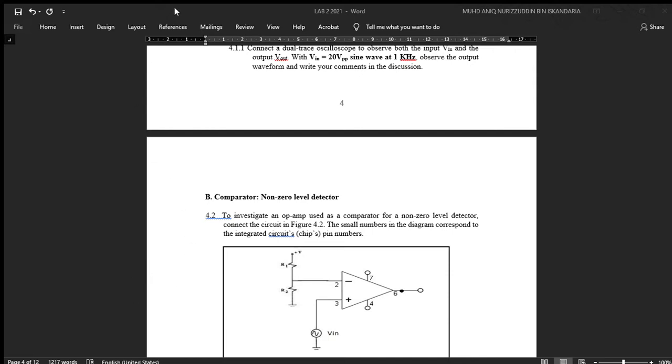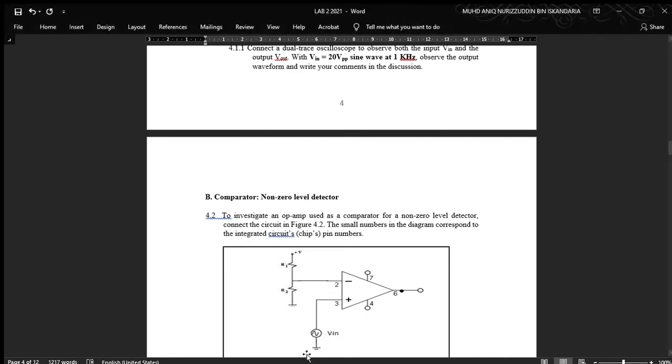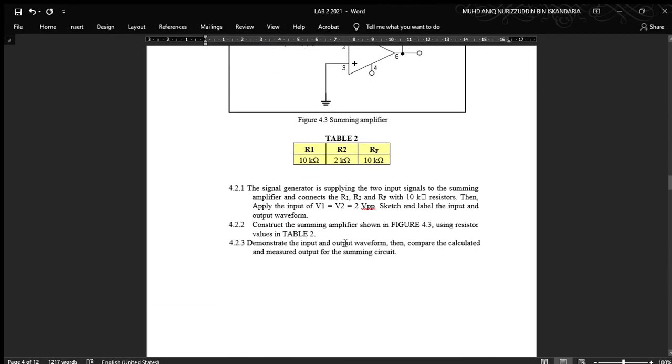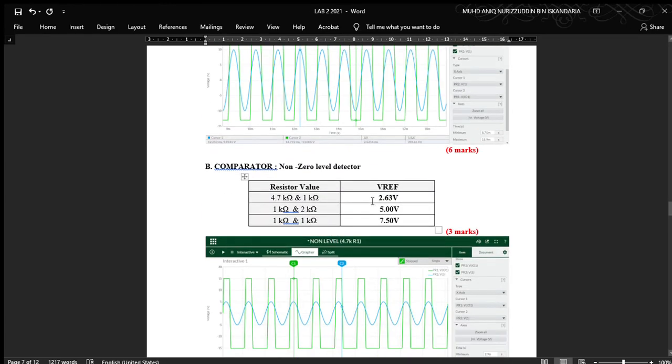Now let's go to the non-zero level. For 4.7 kilo ohm, for the non-zero level we have to calculate the voltage reference first. Here, 4.7 kilo ohm, we have a reference of 10 ohm.